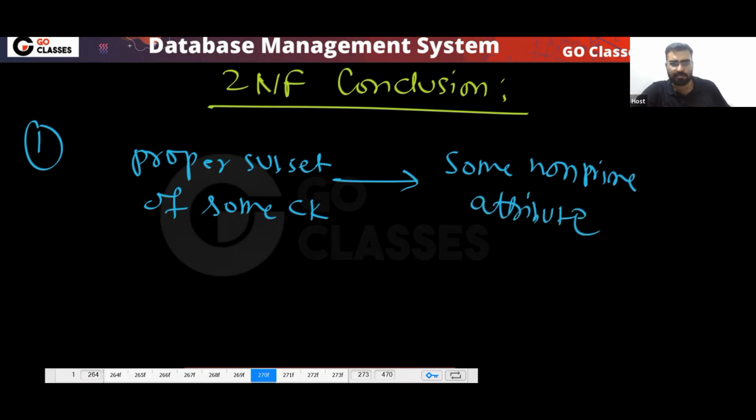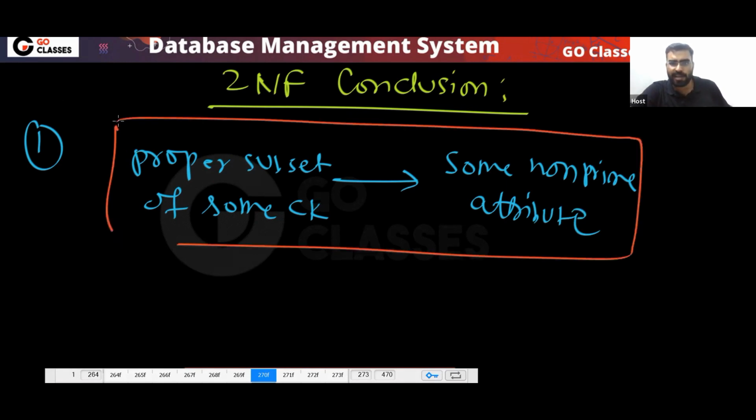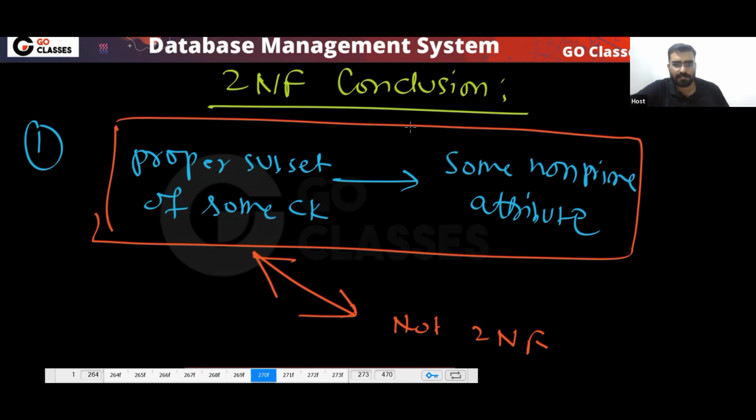This is the violation of 2NF. Remember, this is the violation of 2NF. So this implies not 2NF, and not 2NF implies this. So this is your 2NF conclusion.